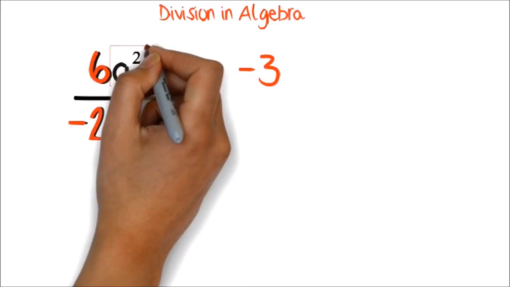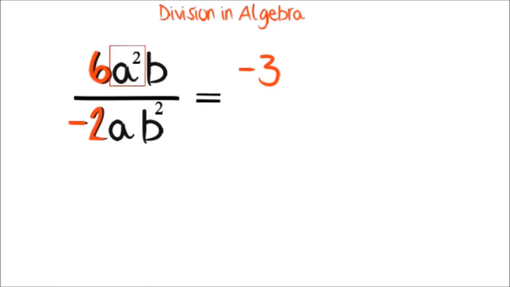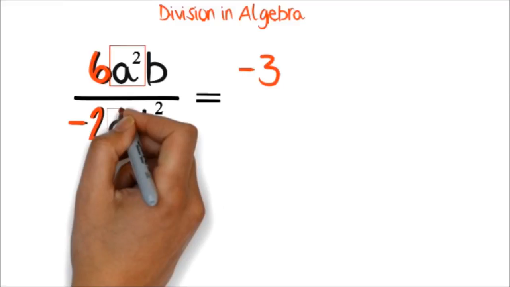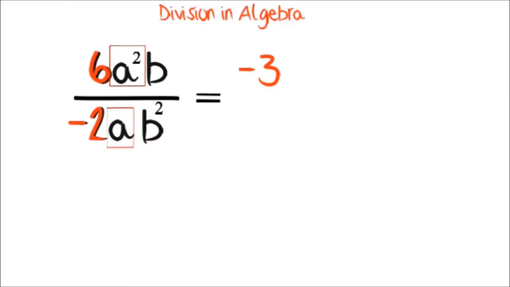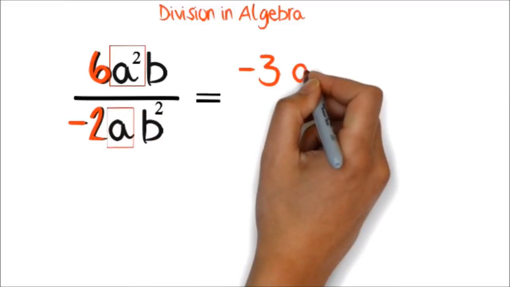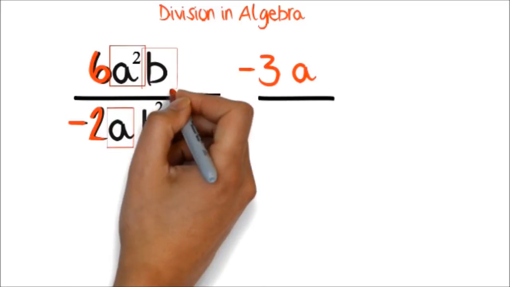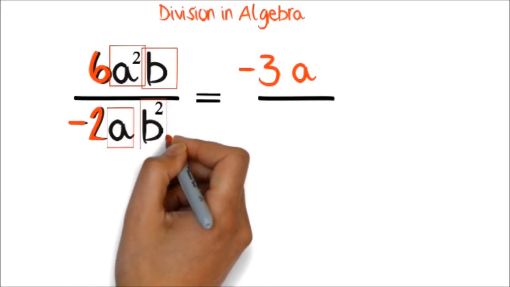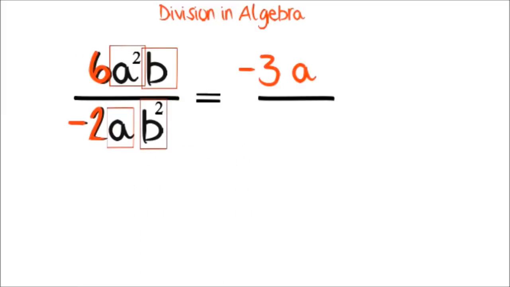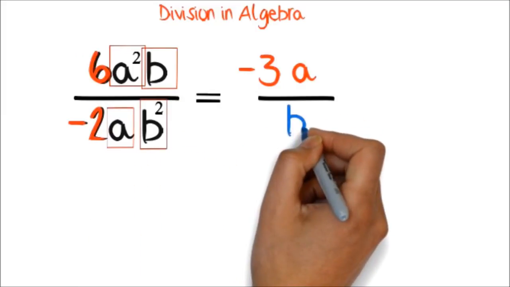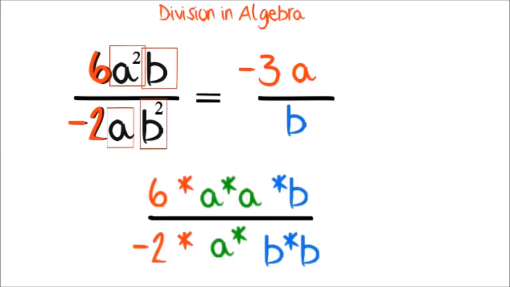Now we say there are 2 a's at the top and 1 at the bottom, so there will be 1 left at the top. There is 1 b at the top and there are 2 at the bottom, so there will be 1 left at the bottom. What we are actually doing is this.